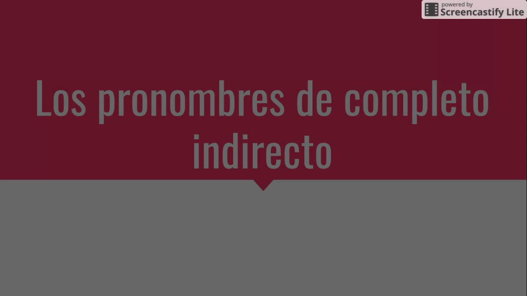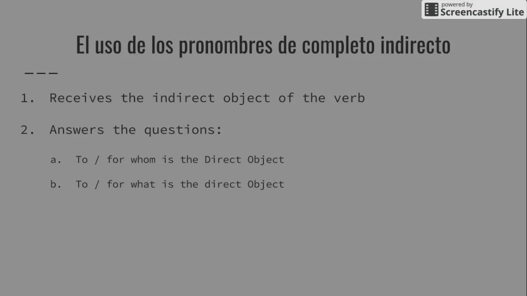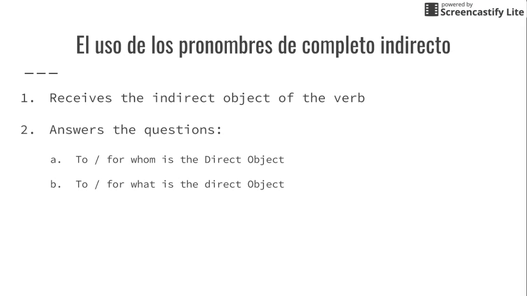The next pronoun, we have los pronombres de complemento indirecto. So our indirect object pronouns. Our indirect object pronouns are used to receive the indirect object of the verb. So the indirect object pronoun answers the questions to or for whom. So our direct object pronoun answers the question who or what receives the action, and our indirect object pronoun is who or for whom receives the action.